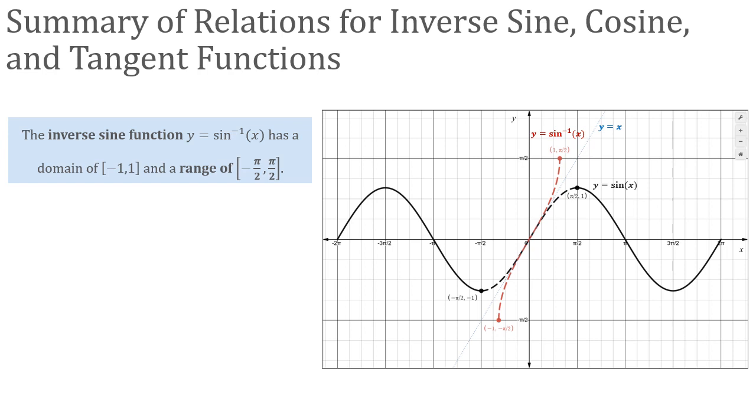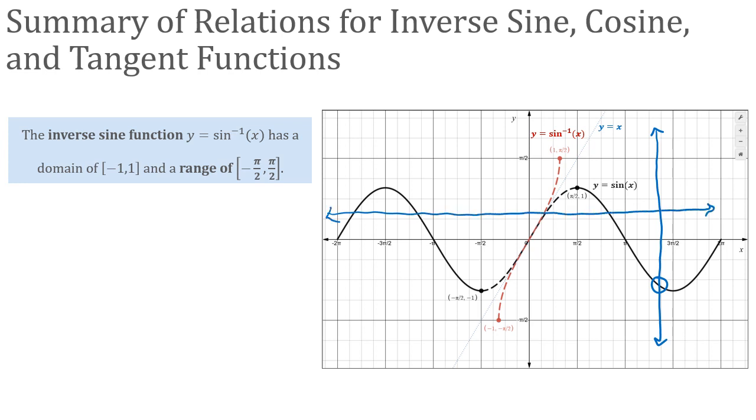Now, I just want to point something out here real quick. If you go and look at the sine function, it's that wave that we've seen before. That sine function does pass a vertical line test, doesn't it? If I could draw any vertical line, it would only go through one location. It does not, however, pass the horizontal line test, does it?